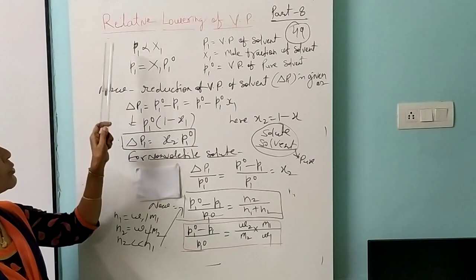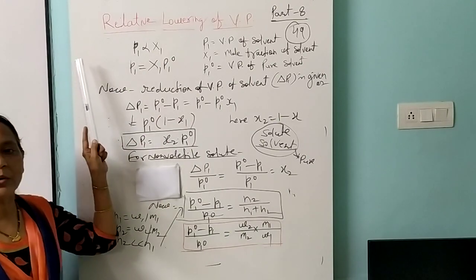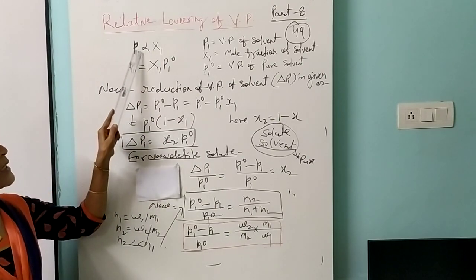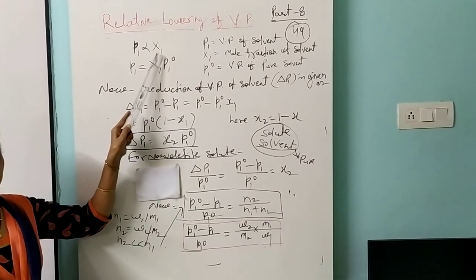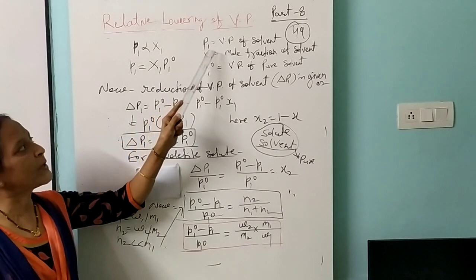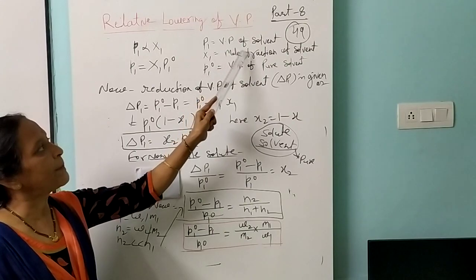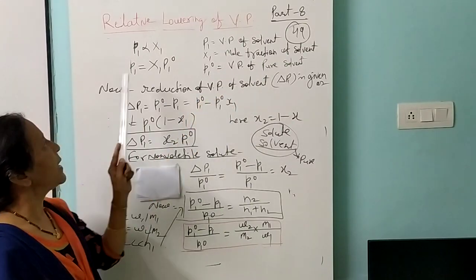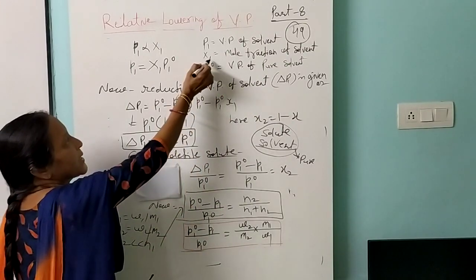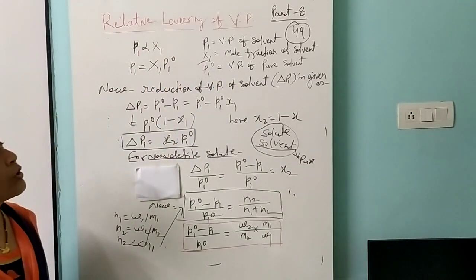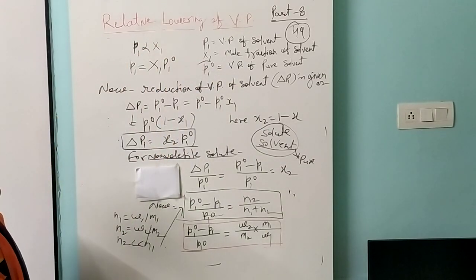Now we will go further. According to Raoult's law, P1 is directly proportional to X1. What is P1? P1 is the vapor pressure of solvent. X1 is the mole fraction of solvent.